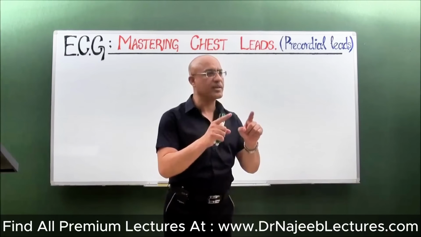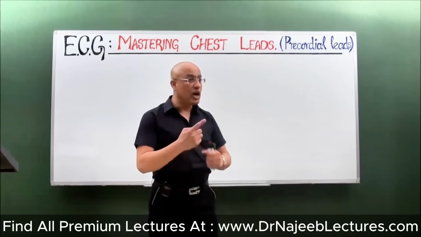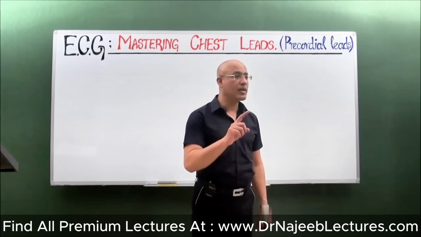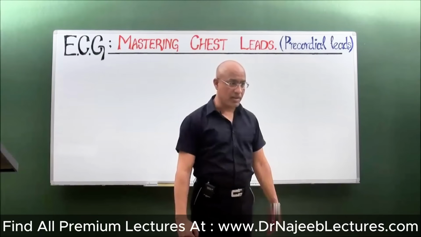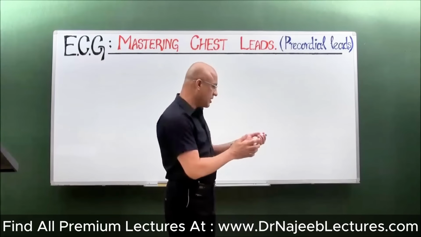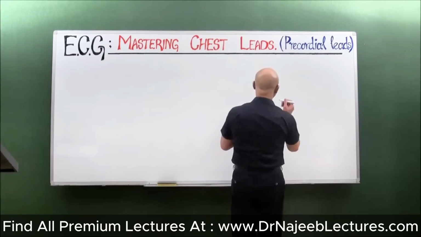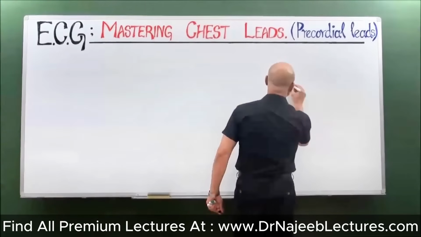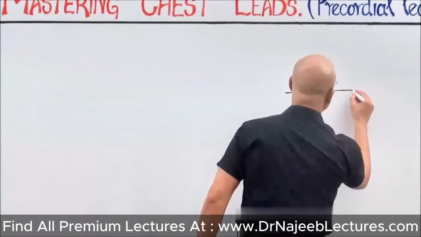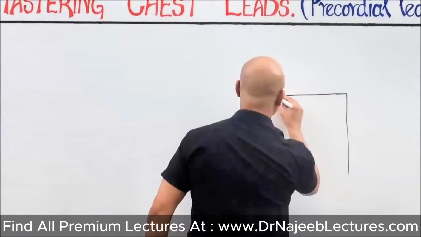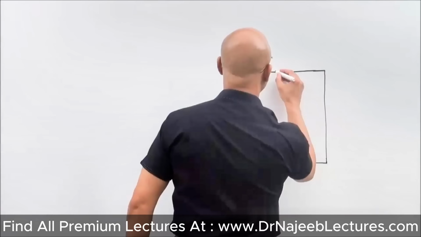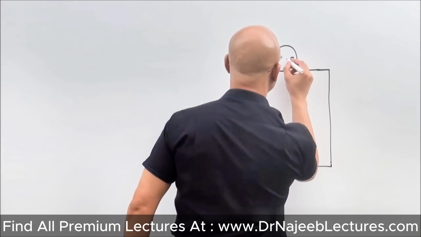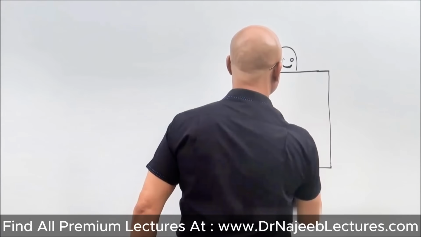Here I must make it clear that limb leads also determine the electrical activity of the heart, but in the frontal plane. Let me make this plain business clear to you. Here is your friend.